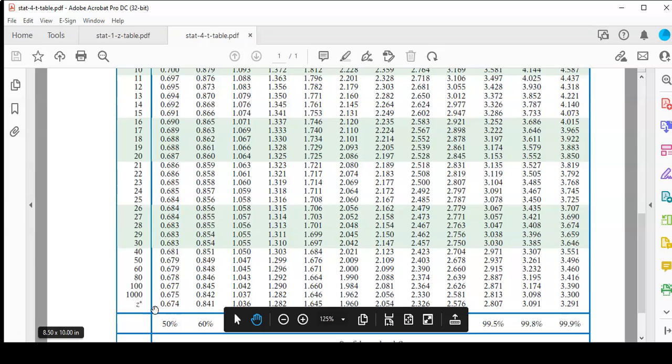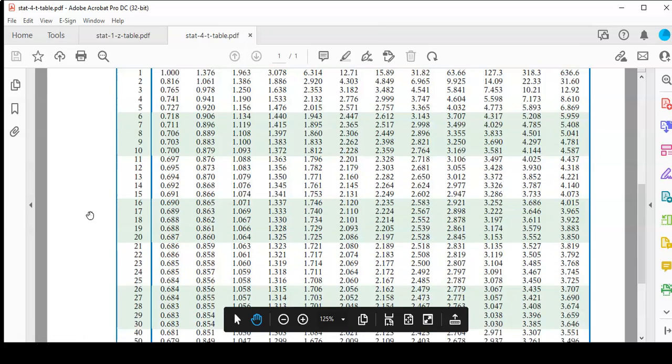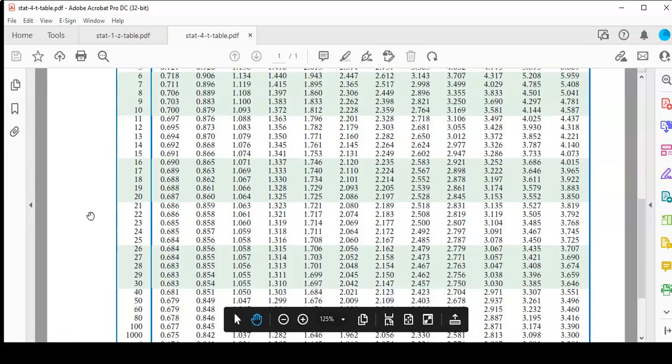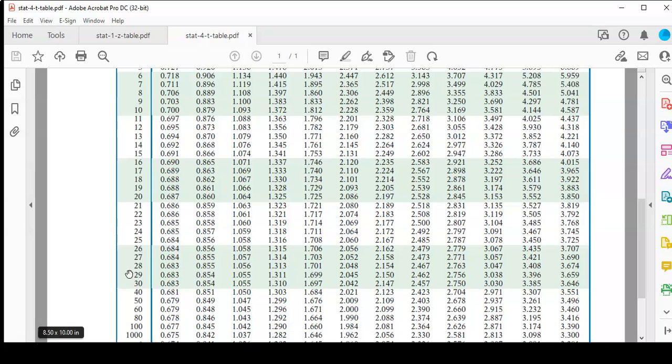All the way down here, the z value and t value have little or no difference. Now we have the degrees of freedom of 28. Remember, we have 29 measurements for the Cavendish experiment. So 29 minus 1, so we have 28. So that's the row we have to look up.